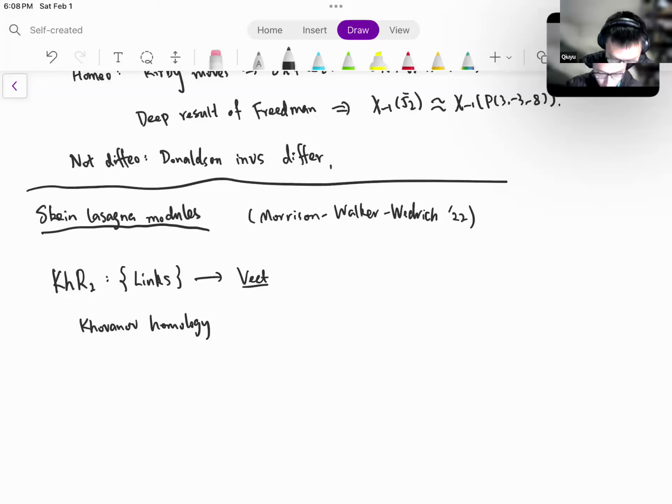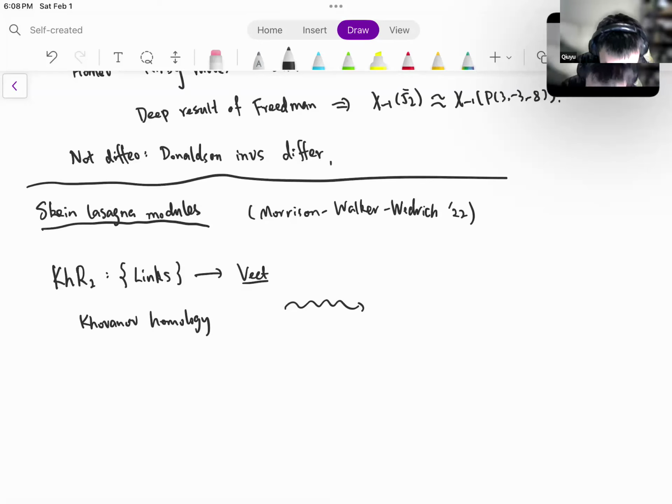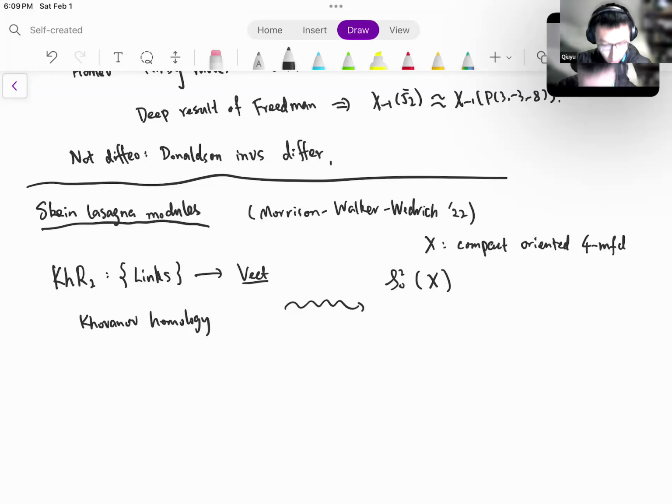The skin lasagna module is a package that formally takes in a TQFT-like functor, like Khovanov homology, and upgrades it to a certain four-manifold invariant, denoted S_0^2(X), where X is a compact oriented four-manifold. This is the so-called Khovanov skein lasagna module.